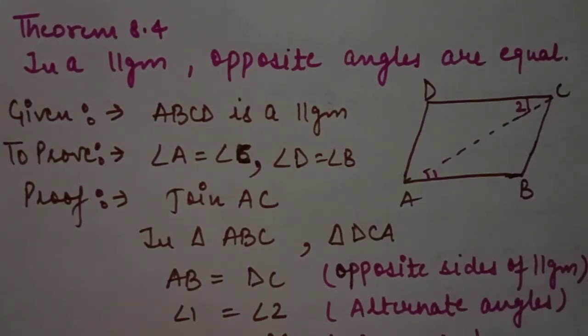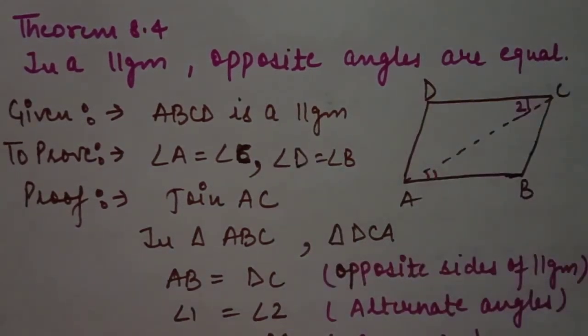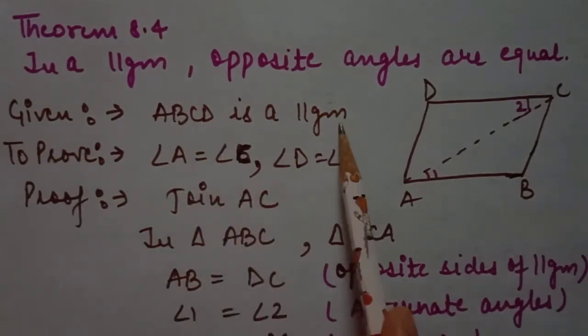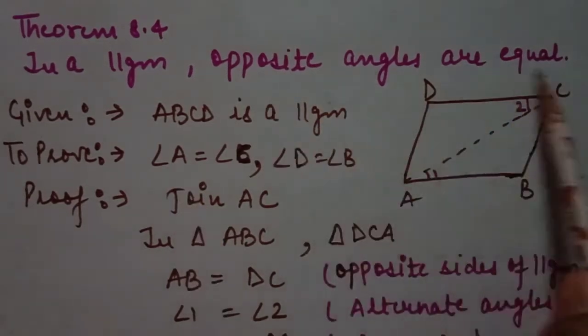But students, we have to prove this theorem, so we will take all the other properties of a parallelogram, but not this property of opposite angles. Given ABCD is a parallelogram. We have to prove that opposite angles are equal.